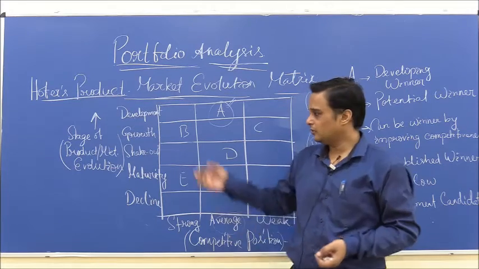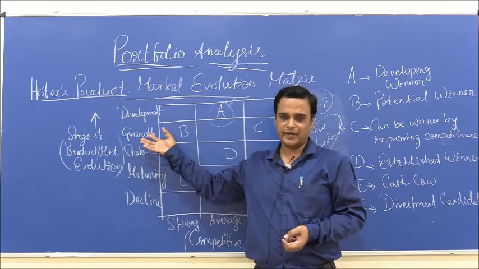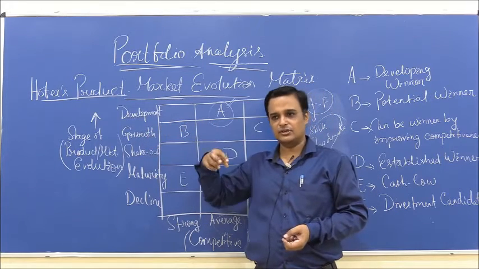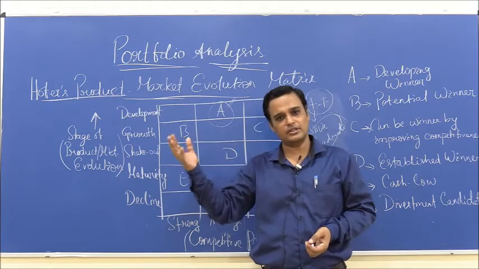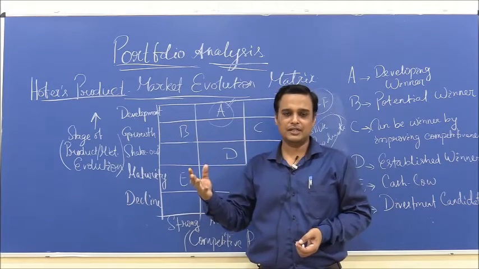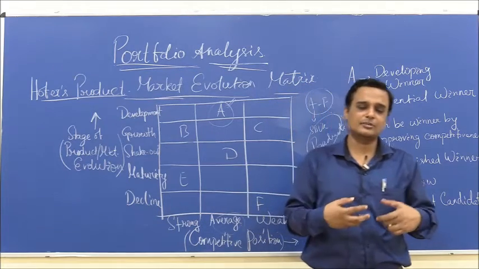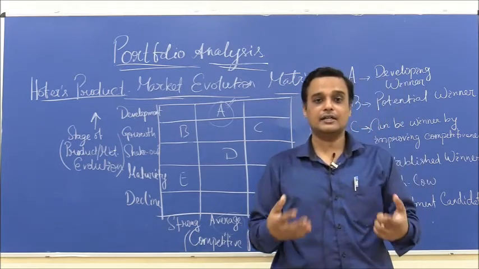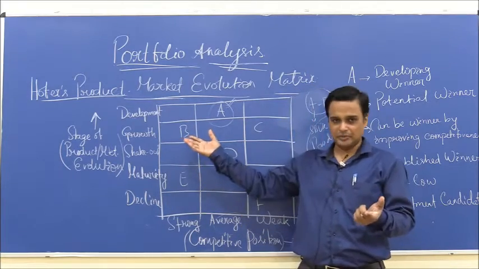For example, B could be a refrigerator brand and it is operating in a market or a geography which does not have a long history of refrigerators. So, probably the people there are beginning to accept this product and they are adopting this product at a fast rate. So, that is how it is a growing market.